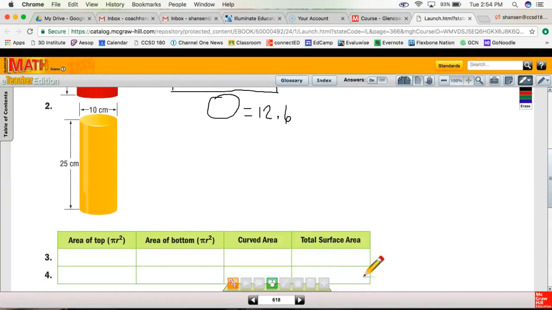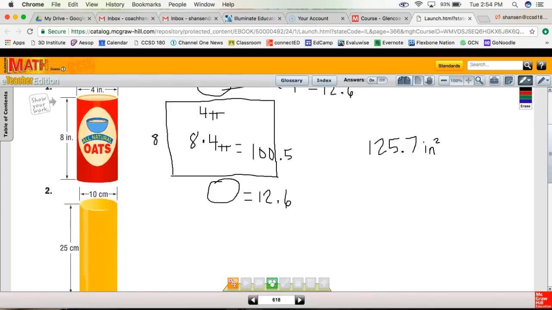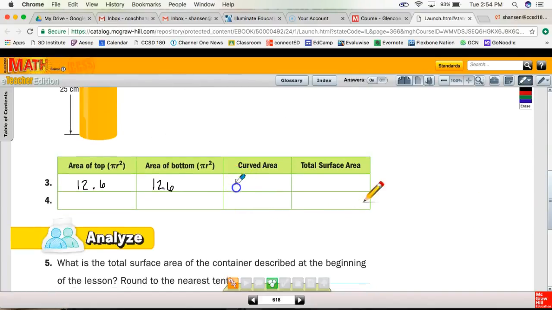We can. Area of the top, pi r squared, that's 12.6. This is 12.6 also. The curved area, so that's the area of the rectangle, we found that to be 100.5.